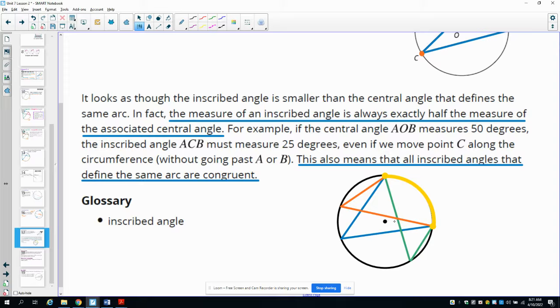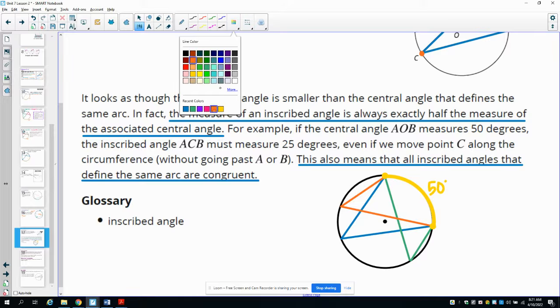Once you draw in this central angle, that's equal to the measure of the arc. So if we know the central angle or the arc, these angles are half of them. In this diagram specifically, they're telling us that this arc measure is 50. So if this is 50, then each of these little angles is going to be 25.